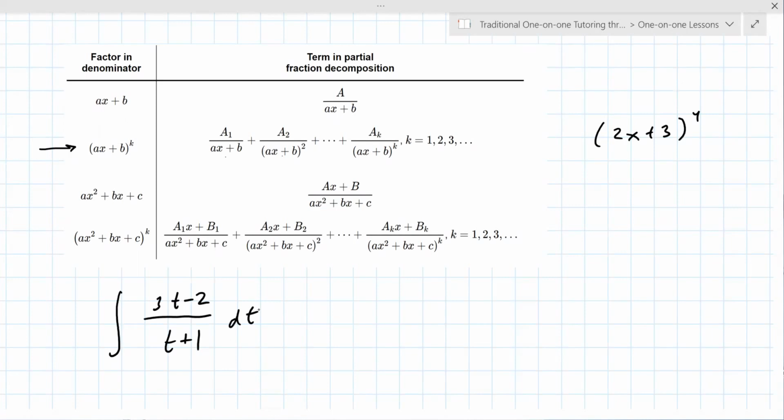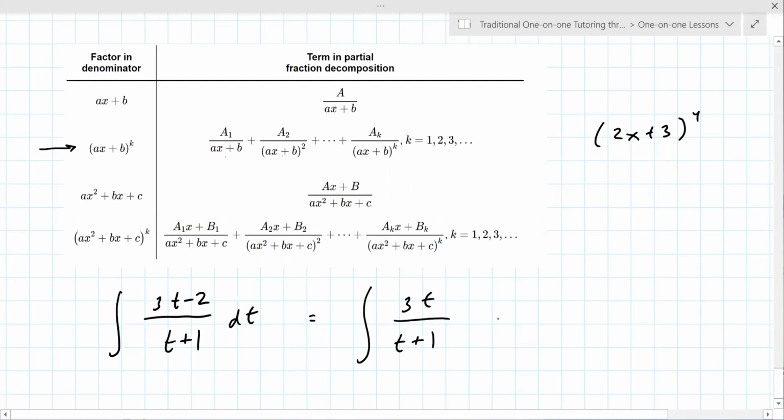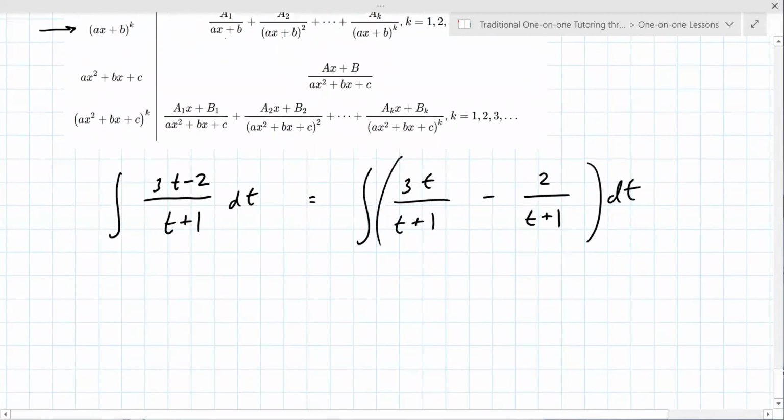Oh, okay. So this one you can just write as 3t over t plus 1 minus 2 over t plus 1. I'm not even sure this is a partial fractions problem. It just says evaluate the integral.